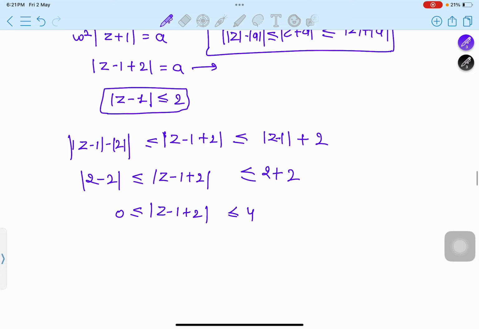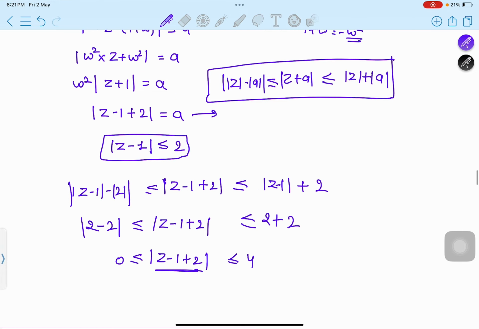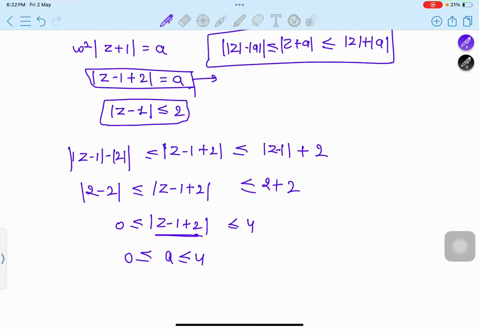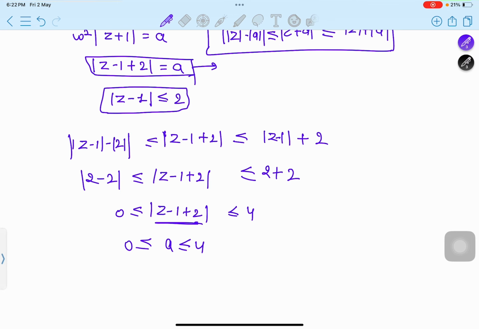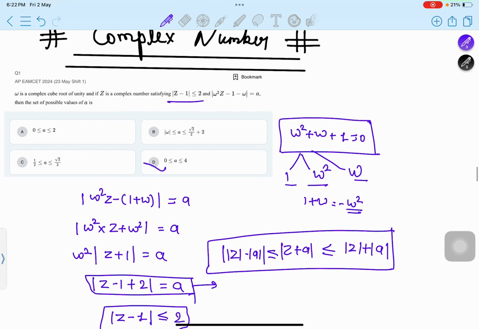So the region for a is 0 to 4, and the answer is option D, correct?